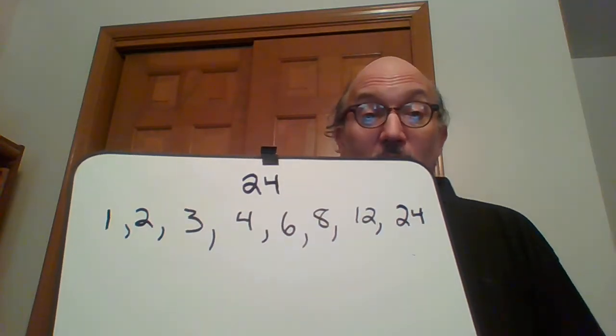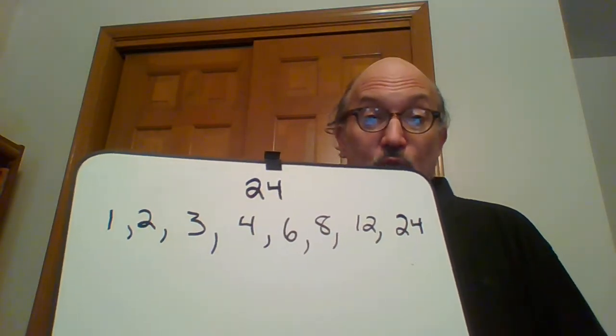However, the multiples of 24 begin with 24, and the next multiple of 24 is 48. To get the multiples of a number, you start with the number and then you keep adding the number to itself. Or you can also think of it in terms of multiplication, which is why it's called multiples.